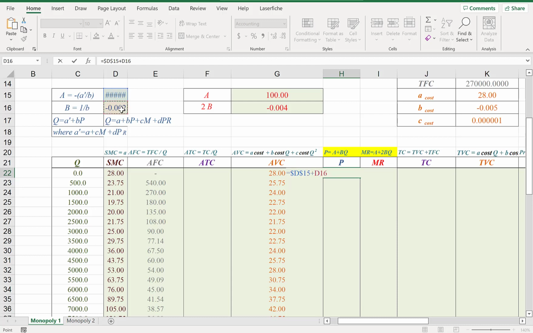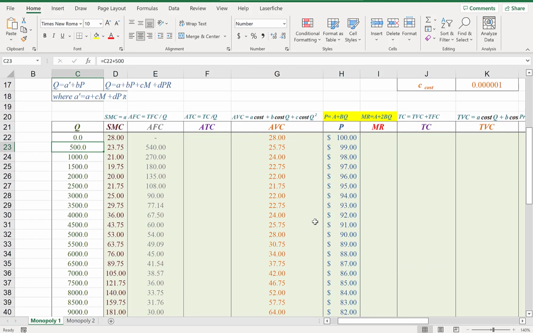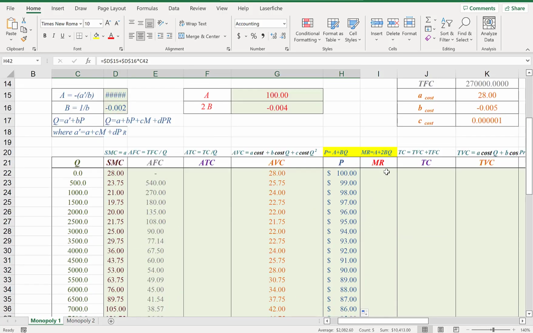Plus B on D16, again fix this cell, times quantity. So if you try to charge $100, you sell nothing. If you charge $99, 500 is sold. If you charge $80, for instance, you sell 10,000 units.